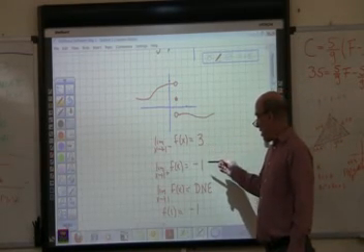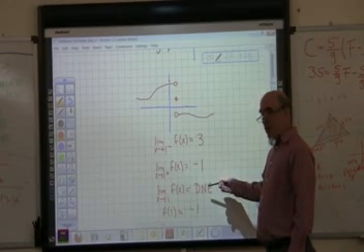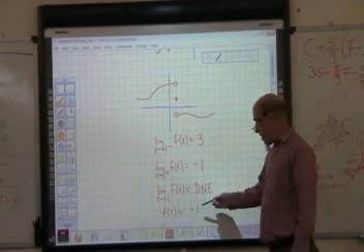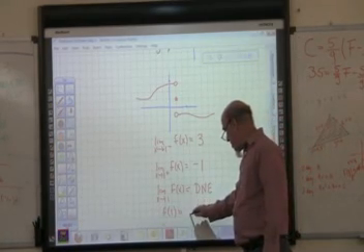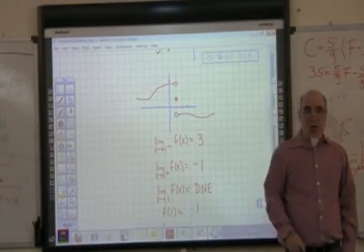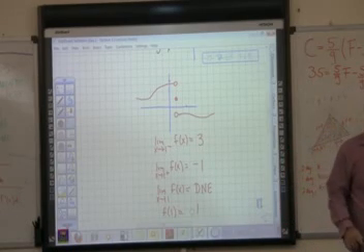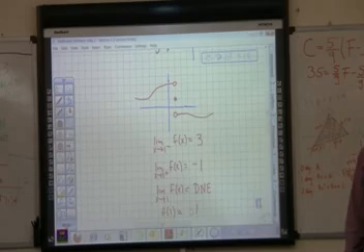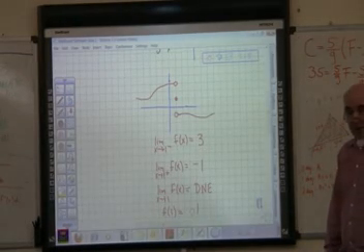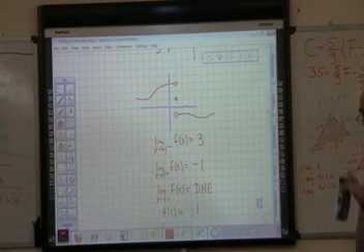Same. How about here? Same? How about here? It's going to choose 1. Yep, that's the only change. My limits don't change at all. I'm still approaching the same things. It's just my function value there that changes.